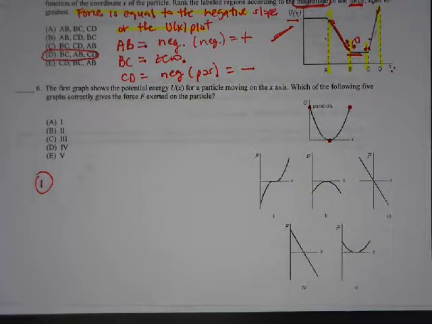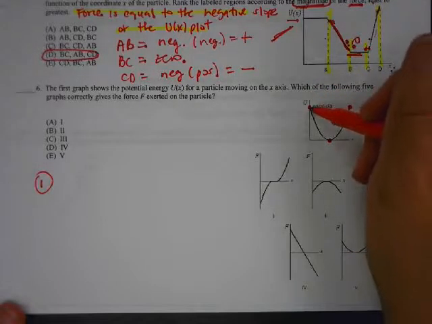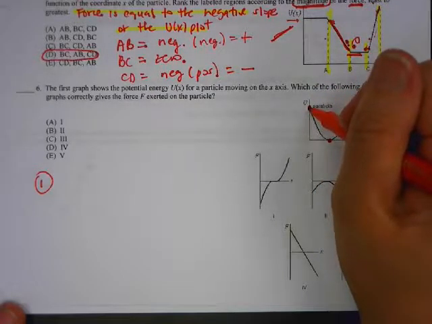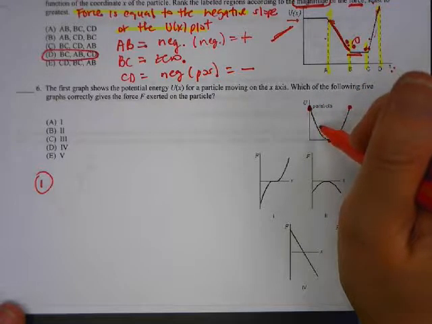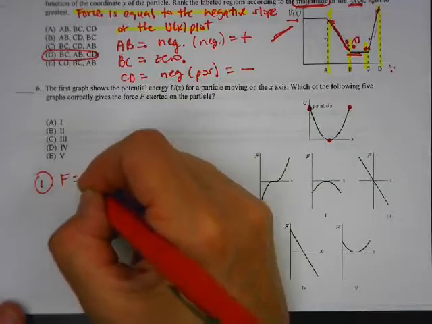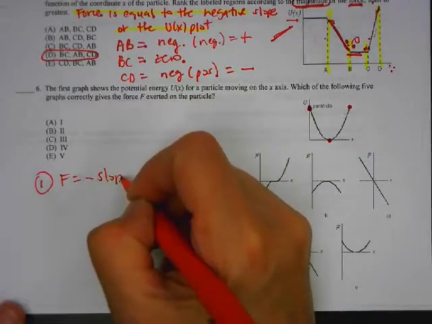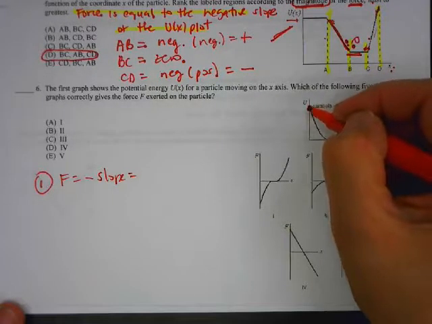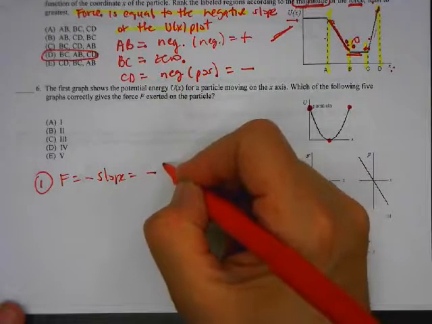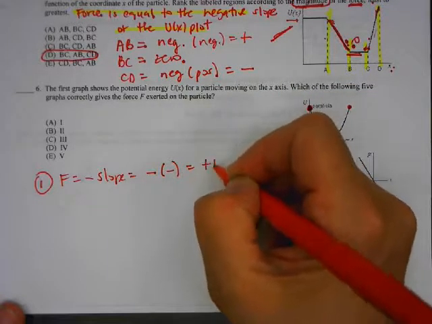Oh, which graph represents the F versus X? Here, remember that we have a negative slope. So the force is equal to the negative slope. At point 1, it's a negative slope, so F is positive.